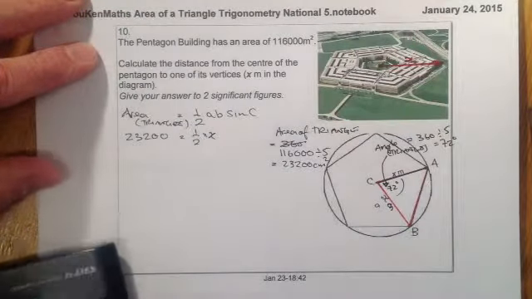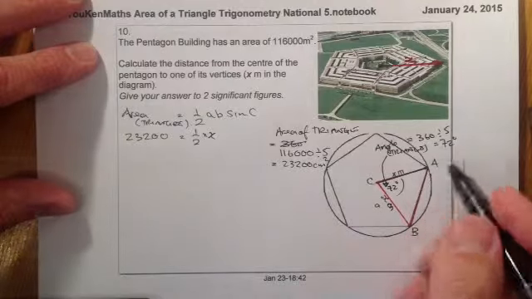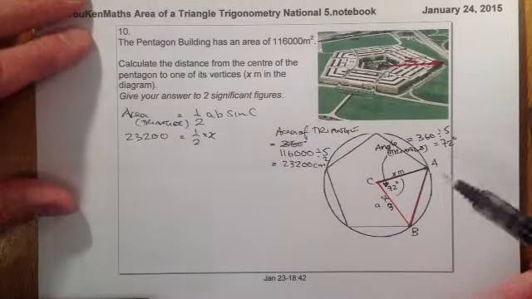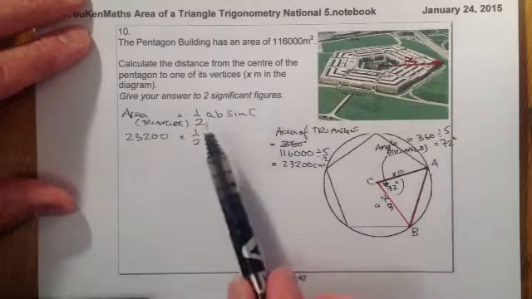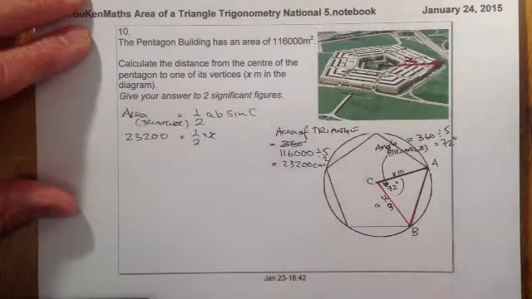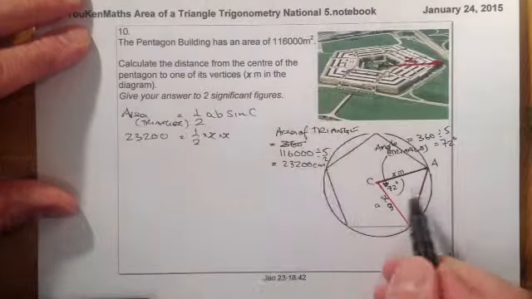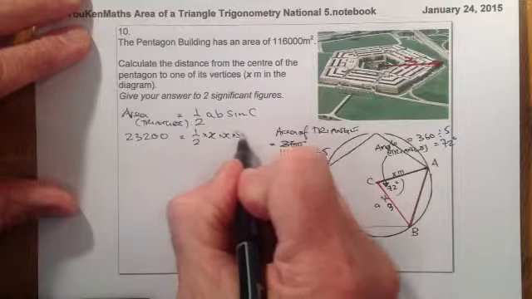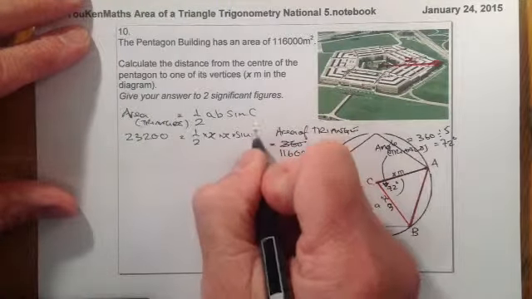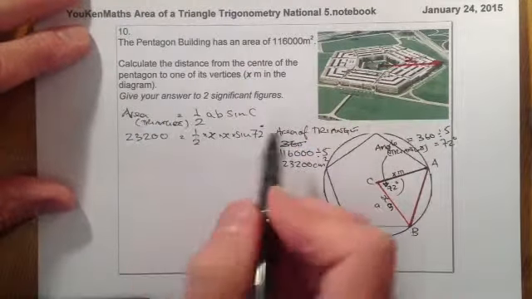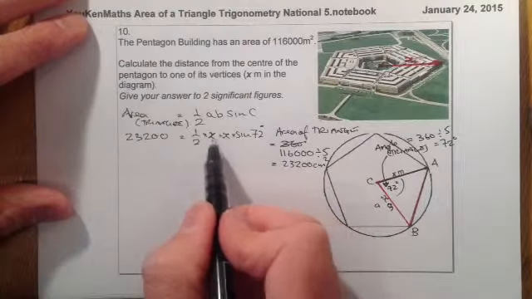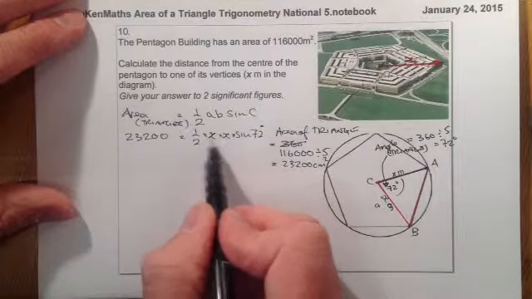Okay, so I've got enough information to work out the question. What I've got is half AB sine C, times by X and times by sine of 72 degrees. I've got X and X, so I'm going to multiply them together.